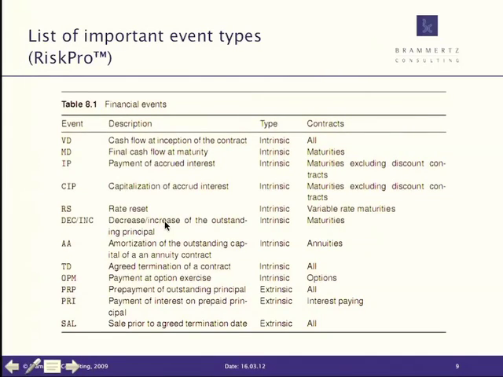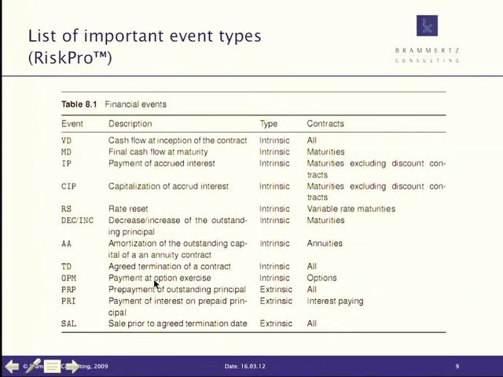Decrease, increase maturities, so decrease especially for all the amortizing instruments. Amortization, so that's with annuity special. That is termination of the contract. So when you break, you sell a contract at a certain time, or you stop a contract earlier than maturity date.